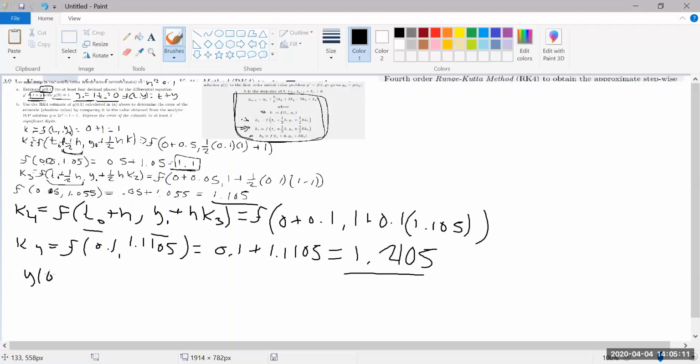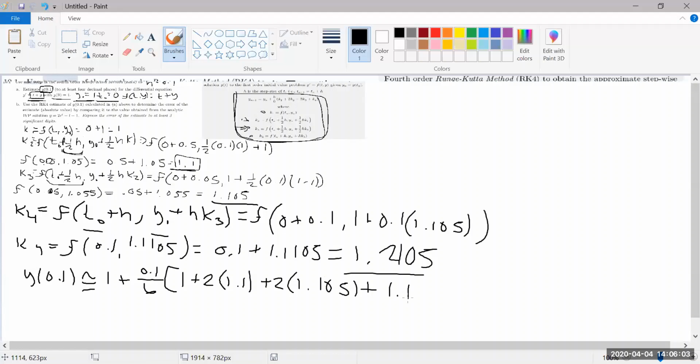Okay, so now we can use all of these coefficients here to solve for our value. So we have y evaluated at 0.1 is approximately equal to 1 plus 0.1 over 6 times our k1, which we determined to be 1, and then plus 2 times our k2, which is 1.1, and plus 2 times our k3, which is 1.105, and then plus our k4, which we got as 1.2105.